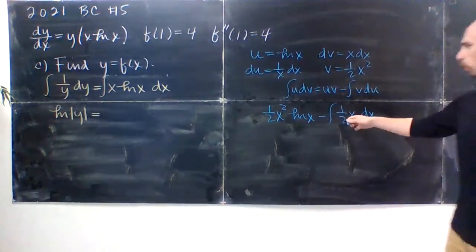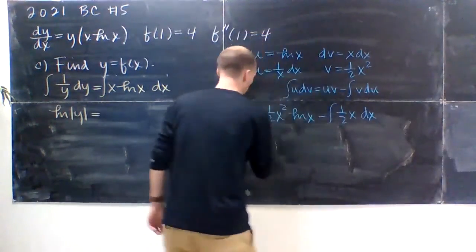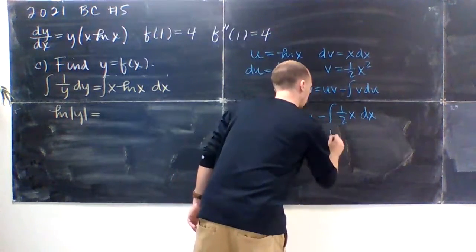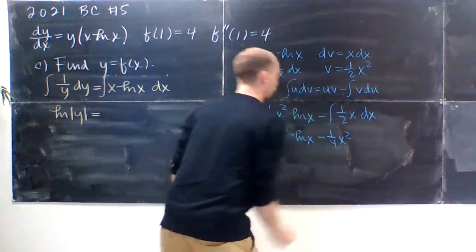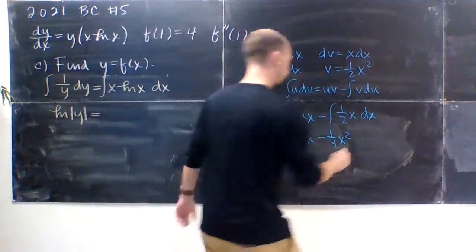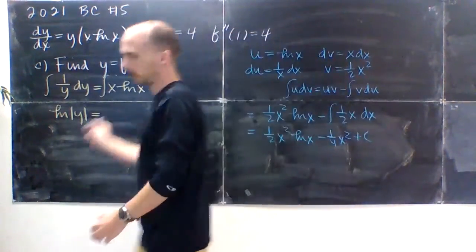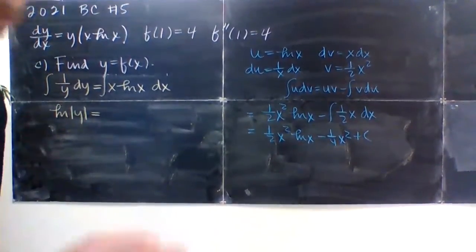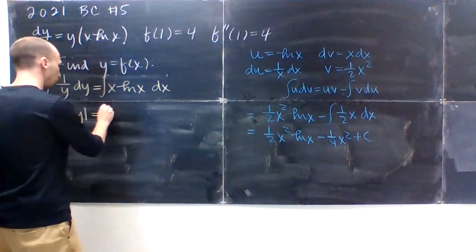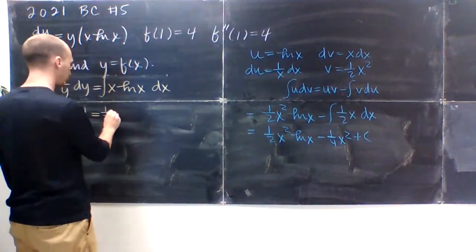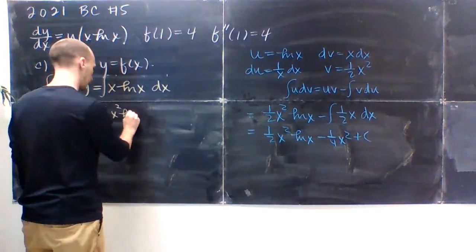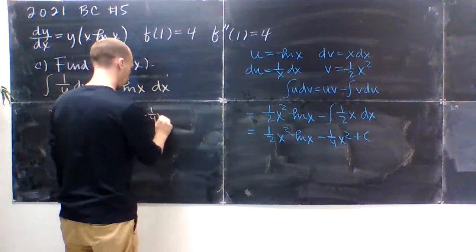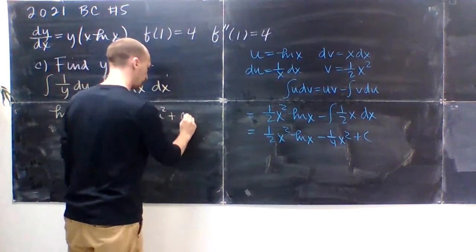That's going to be 1/4 of x squared. So 1/2 x squared log x minus 1/4 x squared, plus c, I guess. So I'll copy that on over here: 1/2 x squared log x minus 1/4 x squared plus c.